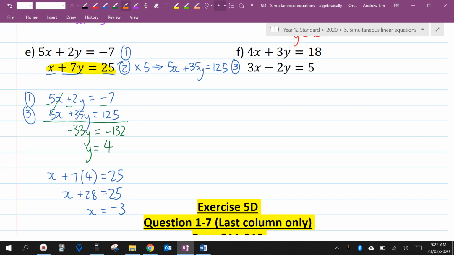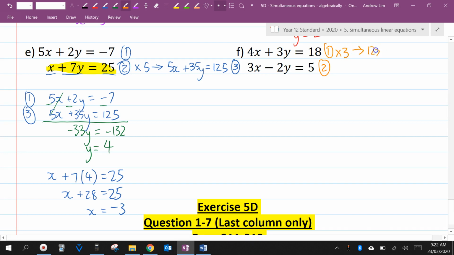Okay, so welcome back. Here we've got statement 1, and here I've got statement 2. I might choose to eliminate x. If I choose to eliminate x, I want them to both have the same coefficient. I'm going to pick a coefficient of 12. That means I need to times statement 1 by 3.